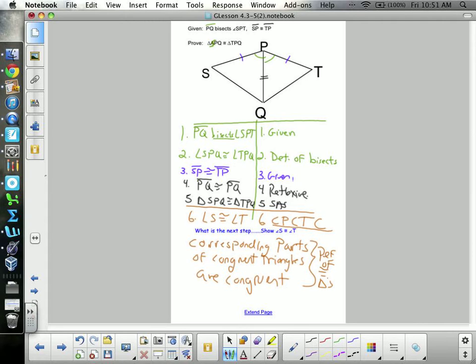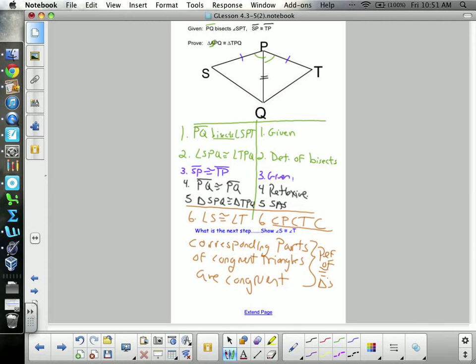But notice, I knew these three parts were congruent, but now I'm going beyond that, and once I know the triangles are congruent, I can conclude the other parts are congruent. So a lot of times instead of saying prove the triangles are congruent, it might say prove angle S is congruent to angle T. Don't let that throw you off. We're still going to prove triangles are congruent. That's how we're going to start out every single problem.